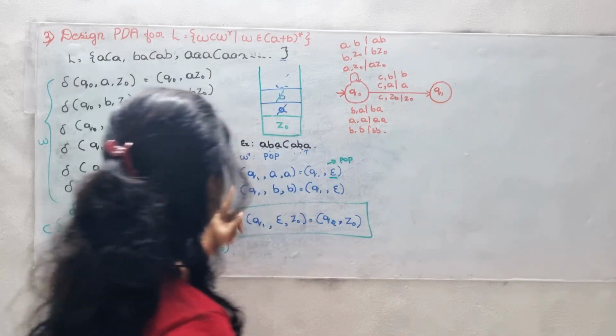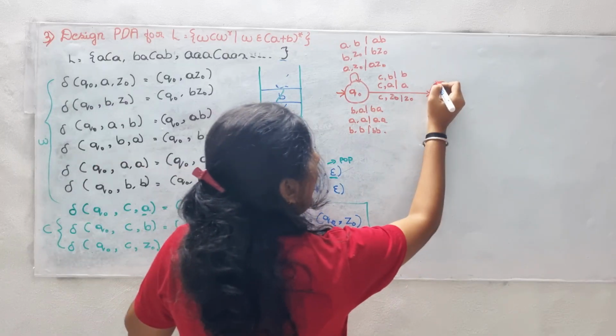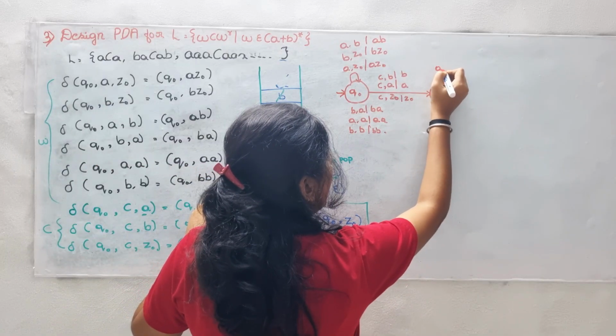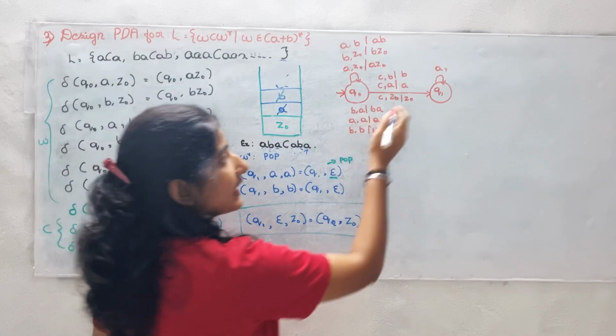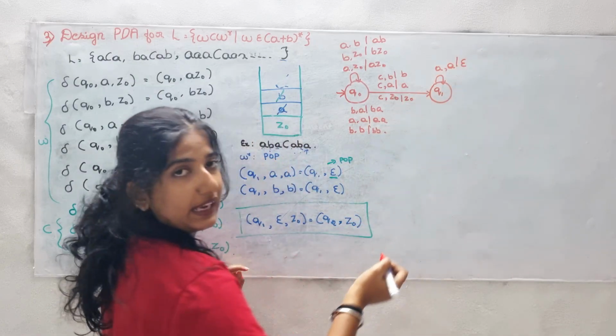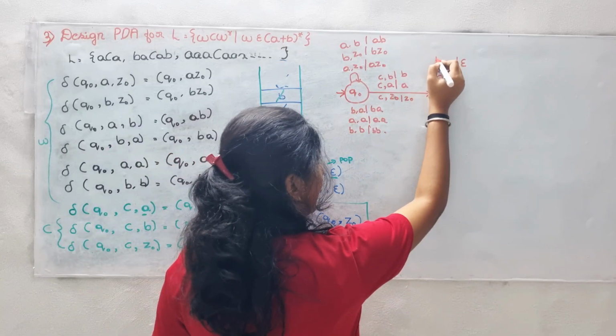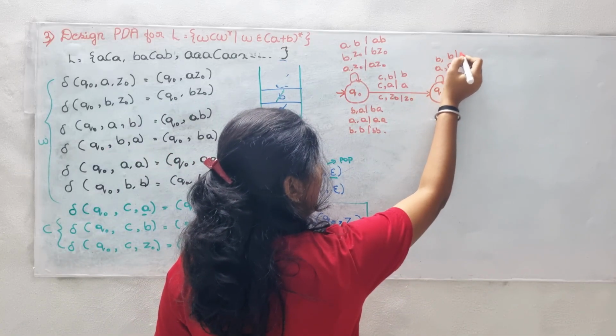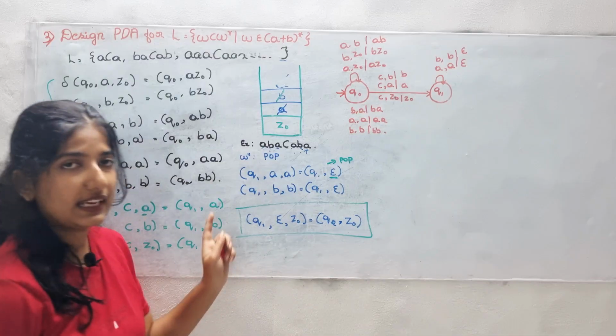Right, now Q1 on A and top of stack is A, so we have to pop and remain in state Q1 only. And B also, I have to remain and pop.